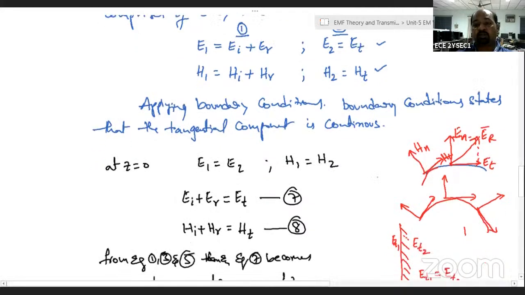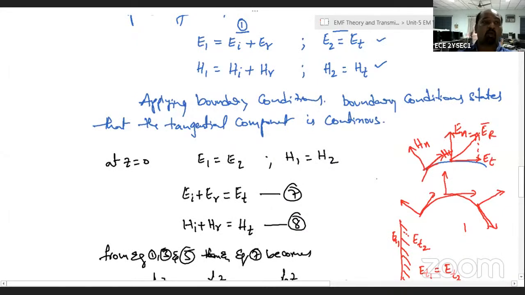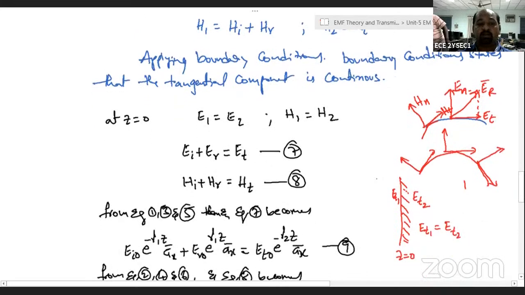In my last class I explained what is tangential component and what is normal component. Therefore, applying boundary conditions we get E1 equal to E2 and H1 equal to H2. That means the total electric field in region 1 is equal to the total electric field in region 2, and similarly for the total magnetic field.